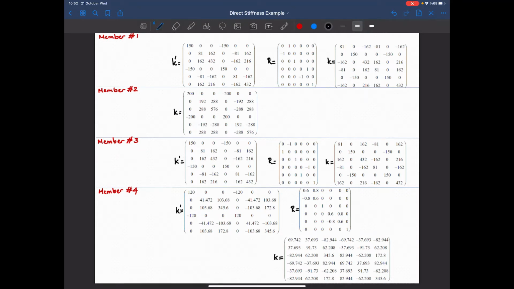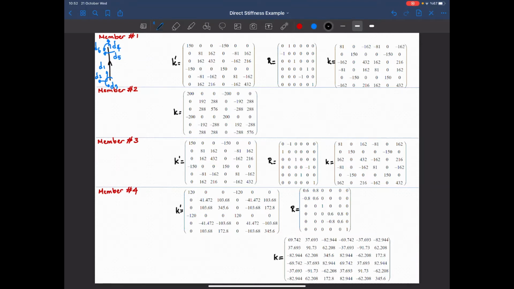So just to repeat what we are doing here, let me draw the member one more time. So this is our member, and the degrees of freedom, let me show it in the local directions. This is D1, D2, D3, D4, D5, D6.